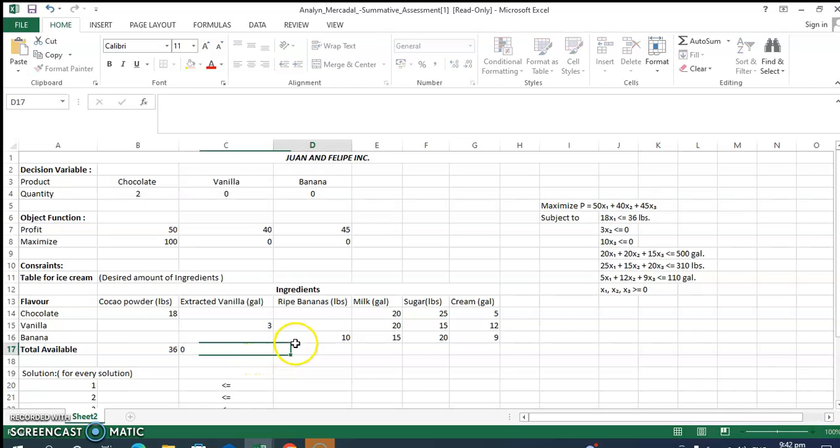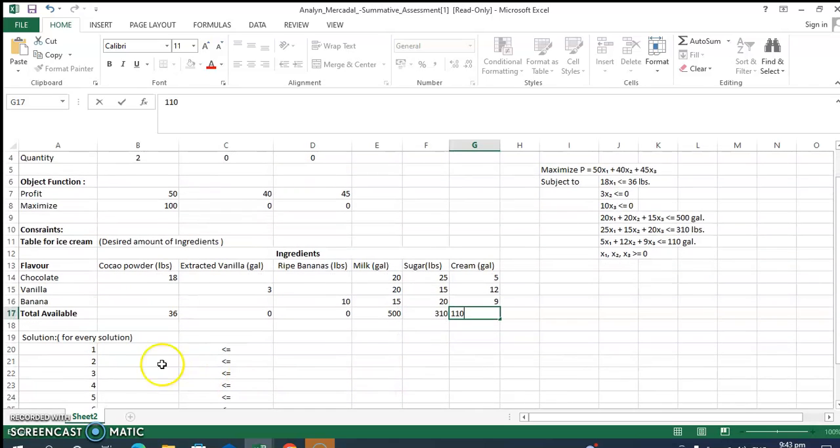It's because there is no more stock. And for ripe banana is 0. And for the milk, there are 500 gallons. And for sugar, there are 310 pounds. And for cream, there are 110 gallons.